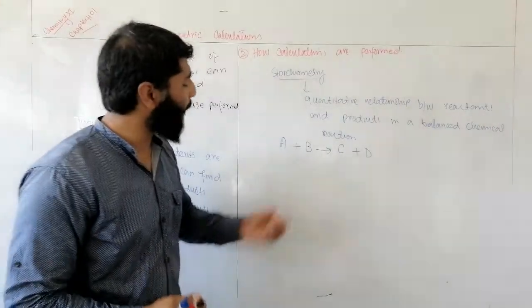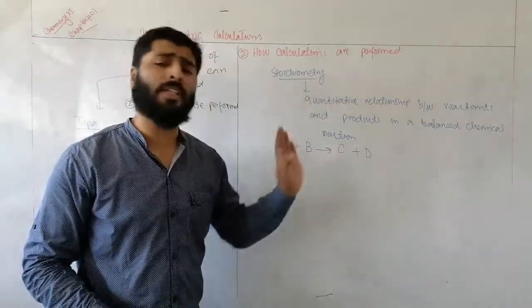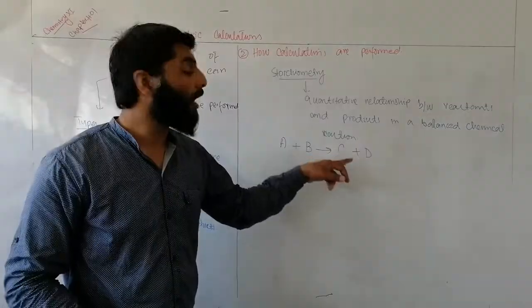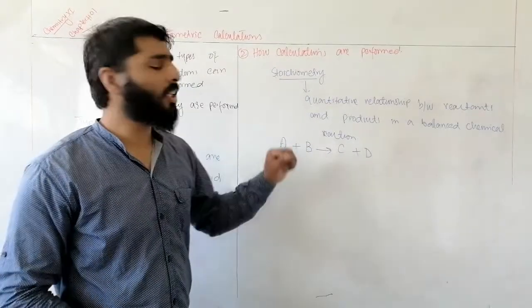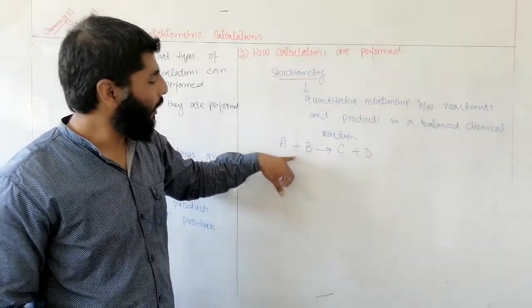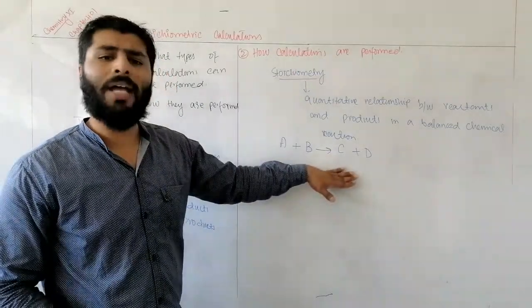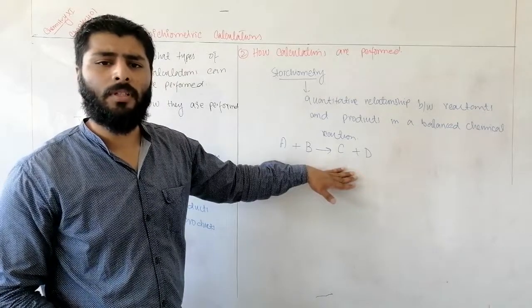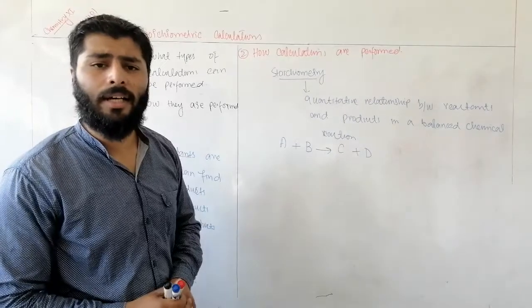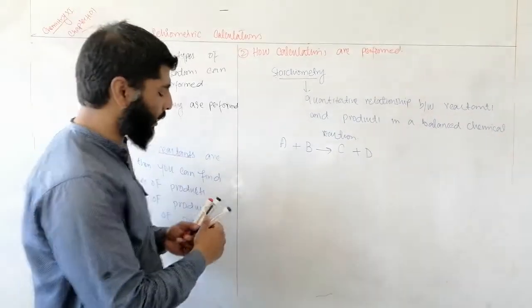If you are given the mass or moles of any of these, you can find mass, moles or volume of the unknown one. So for this purpose, you always need the knowledge of a balanced chemical reaction.